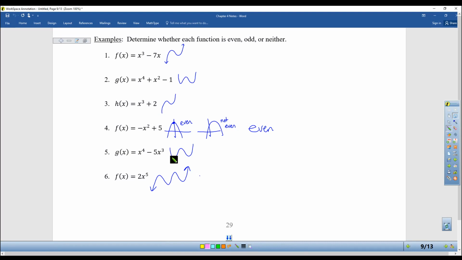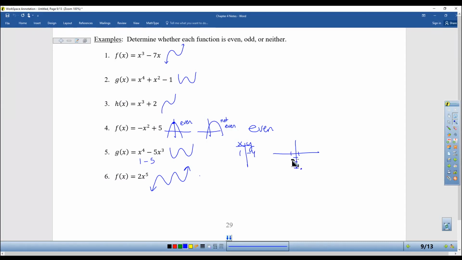So how do we know for, say, number 5, whether or not that's centered on the y-axis? It's really easy to tell. I just plot 2 points. If x is 1, then I get 1 minus 5, which is negative 4. So at 1, it's at negative 4.